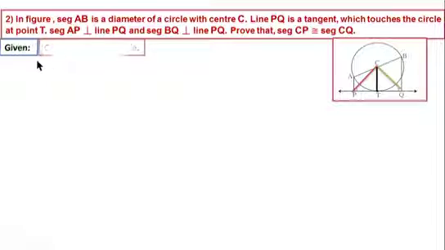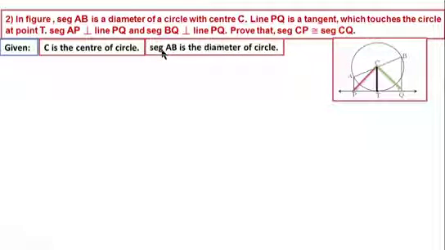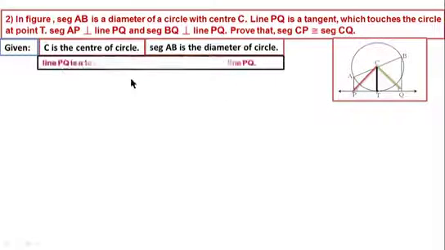Solution. Here given, C is the center of the circle. AB is a diameter of the given circle. Line PQ is a tangent.